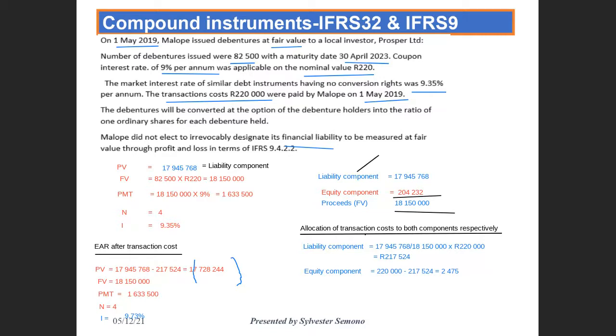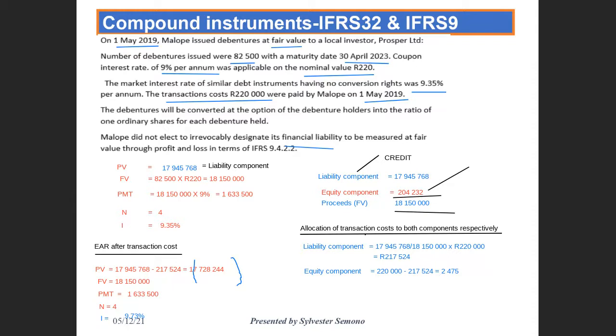Remember, liability increases on the credit side, so you're going to credit the liability. Equity also behaves like liability, remember the rules of the accounting equation. So even this one is going to be credited when you go to the books of accounts.